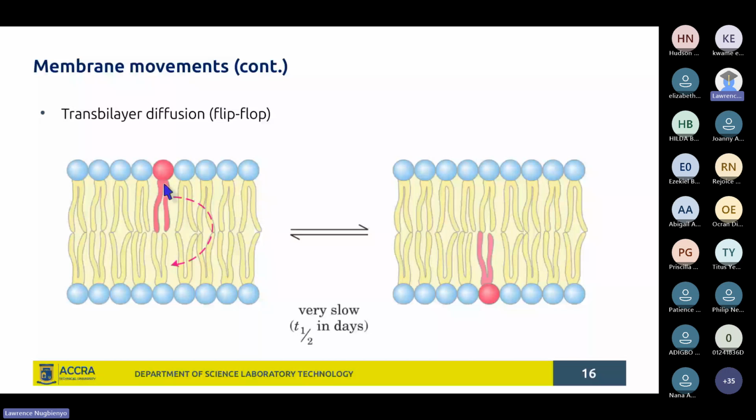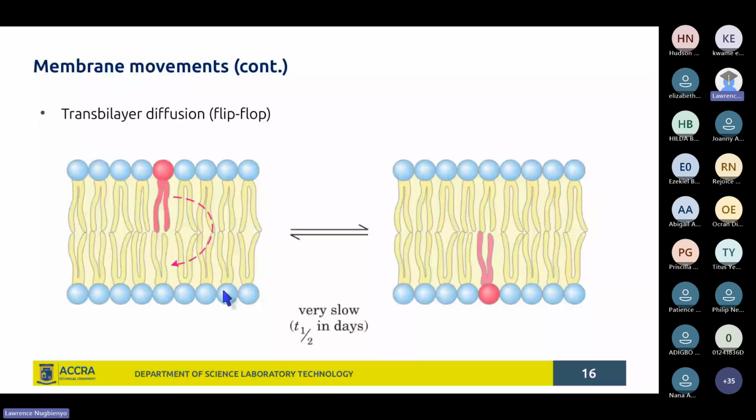Just use the letter, the vowel I. I means in. So from the outside monolayer to the inside monolayer, flip. But if the movement is in the opposite direction, where there is movement of the phospholipid from an inner monolayer to an outer monolayer, that's a movement out.